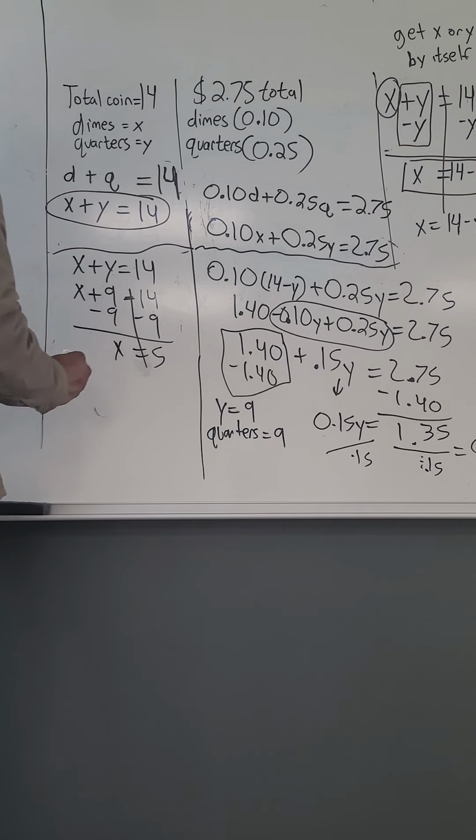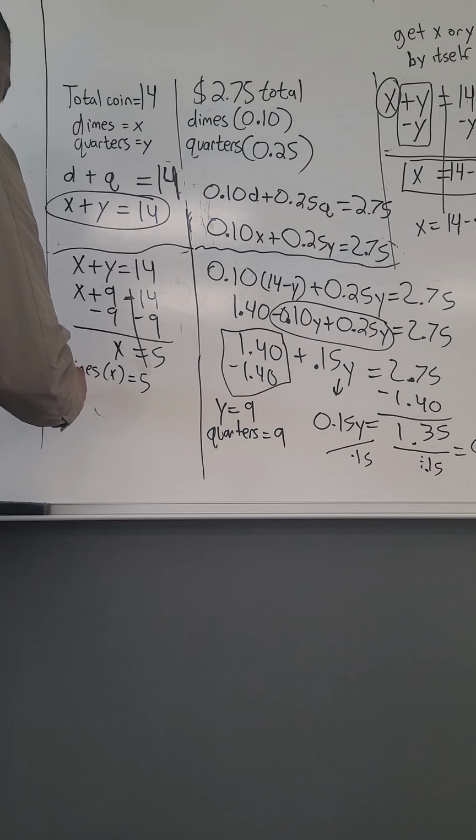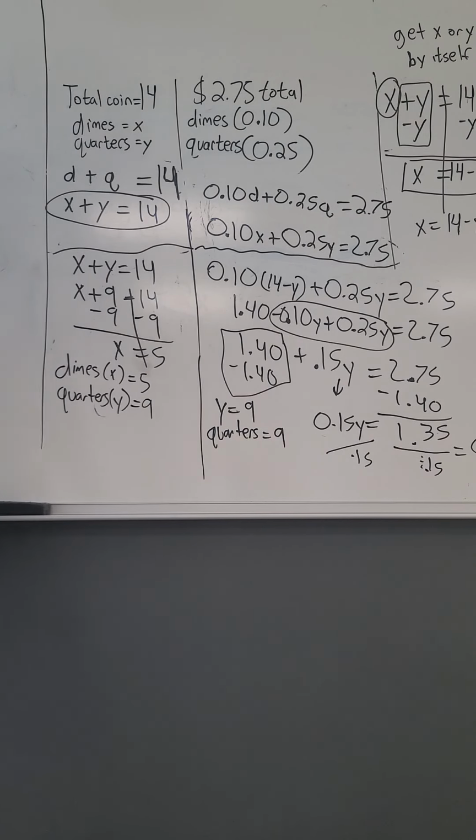And now I know both of them. So my dimes, which is x, there were 5 of those. And my quarters, which is y, that equals 9. And that makes sense because it said this plus this equals 14, and 5 plus 9 equals 14. All right.